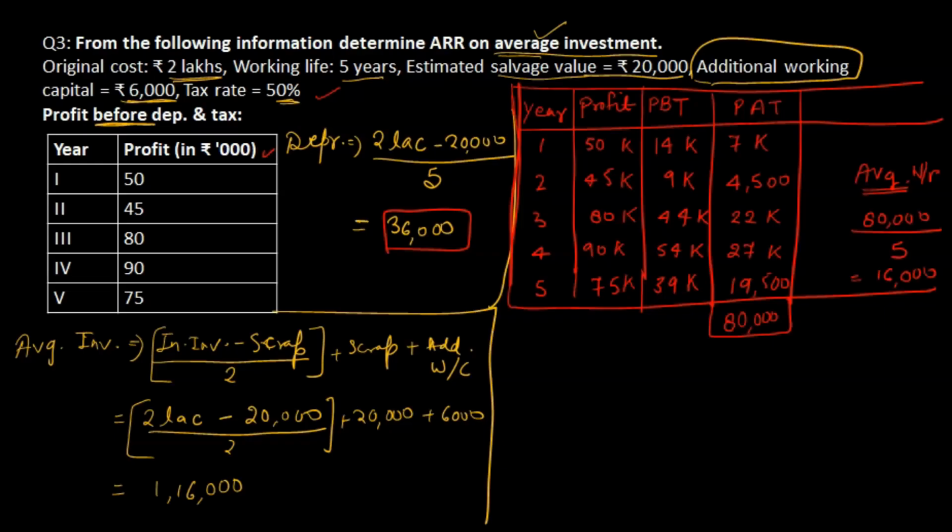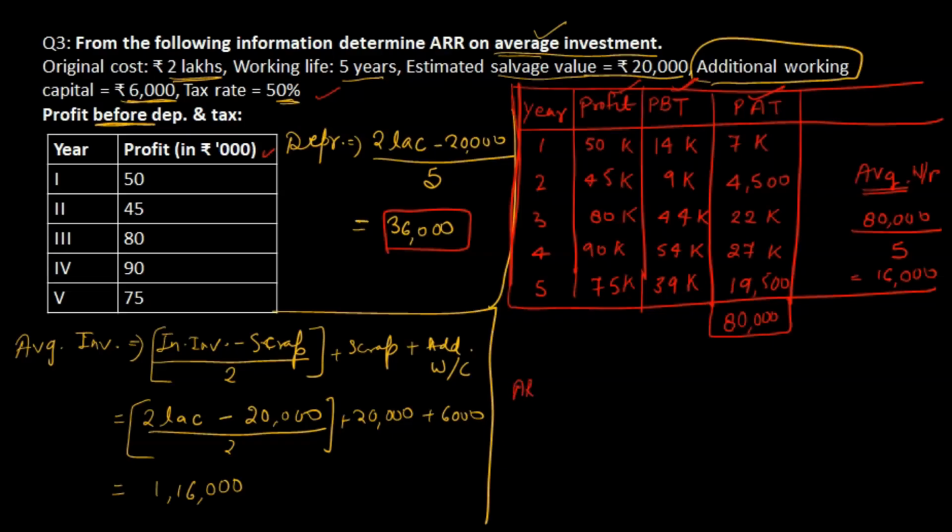This 16,000 is the annual average net profit after depreciation and tax. First we calculated profit after depreciation and tax: profits were given, so we deducted depreciation first, then tax. After that we found the average. Total profit for 5 years was 80,000, divided by 5 we got 16,000.